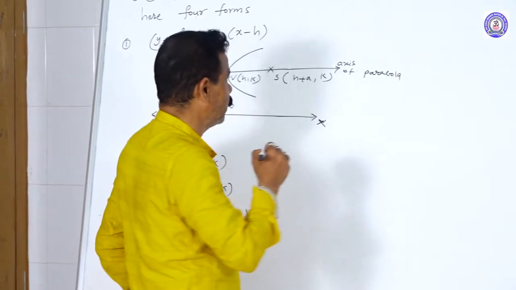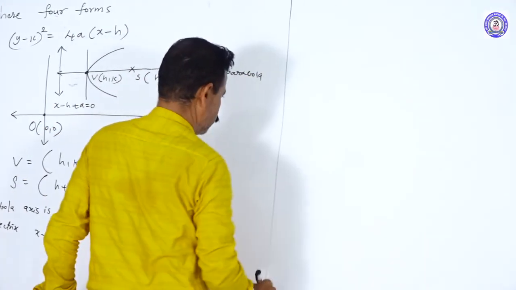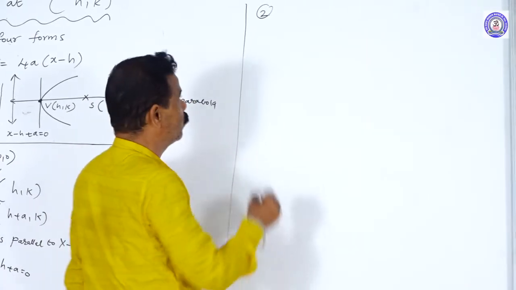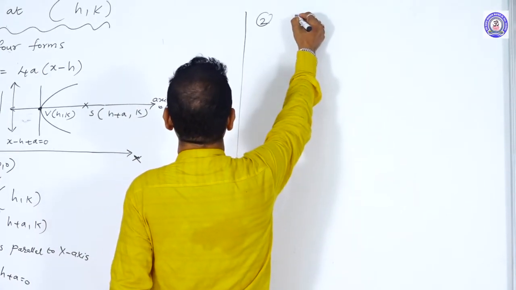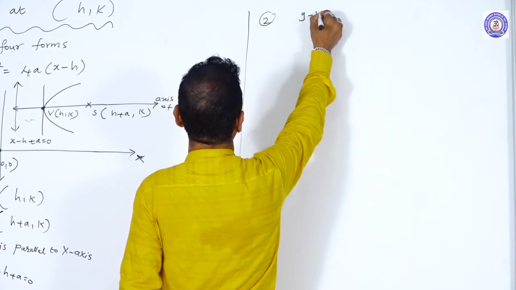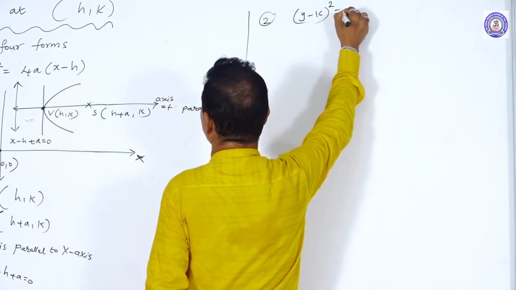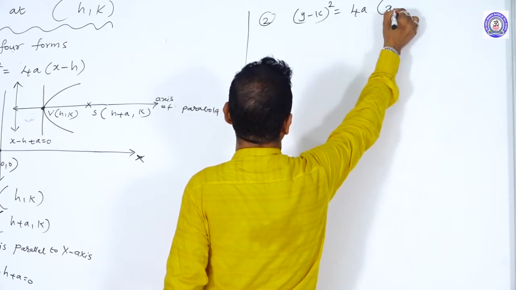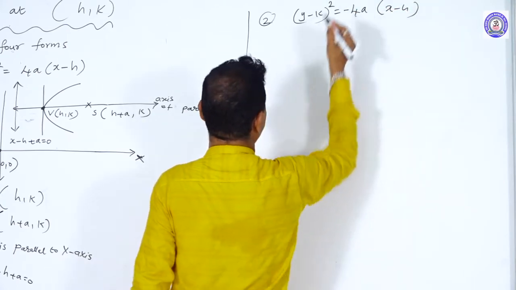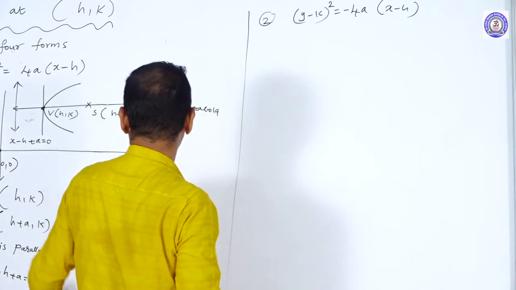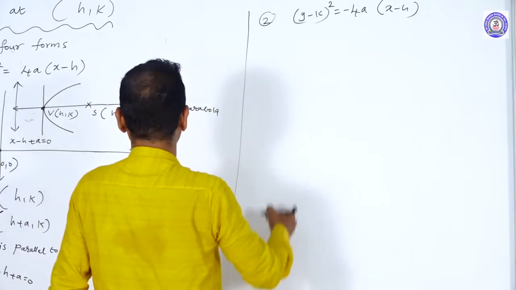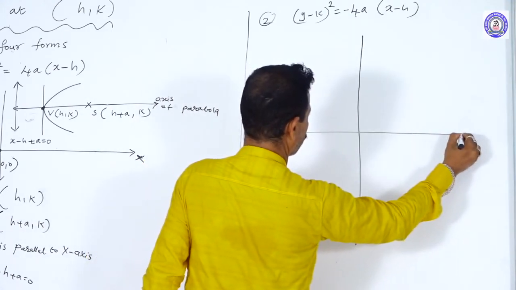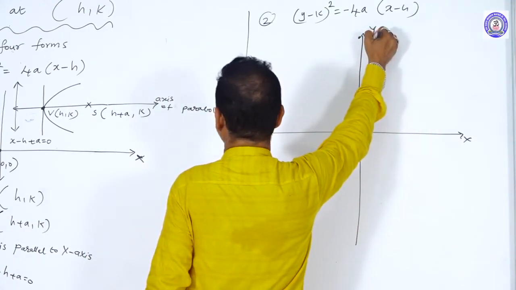Next, the second form. In this second case, y minus k whole square is equal to 4a into x minus h as it is, but the sign is negative here. So it opens to the left side. X axis, y axis.